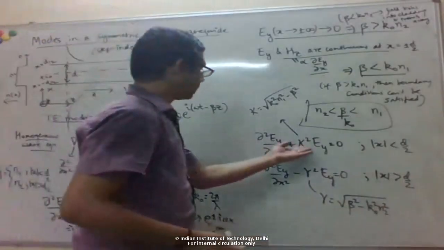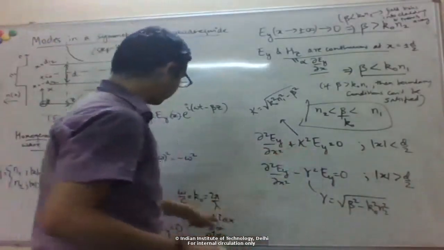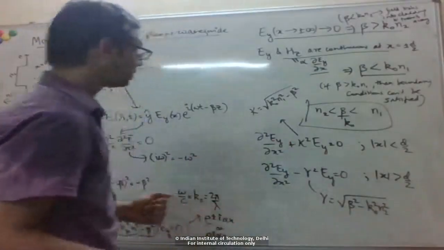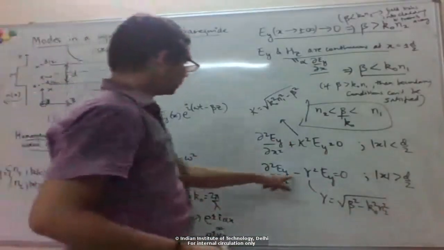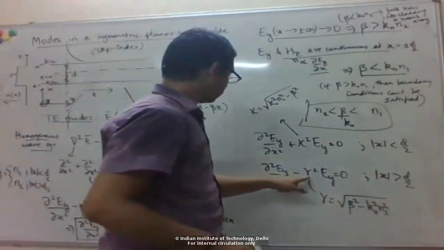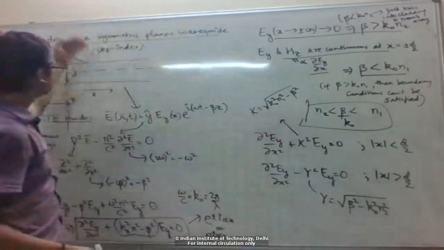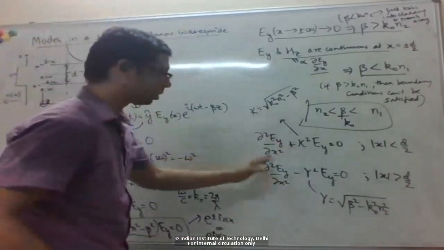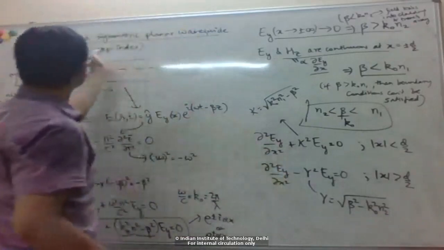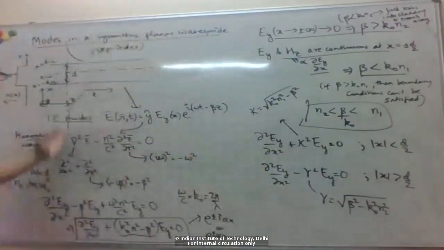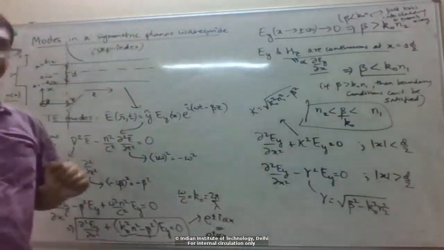And immediately we know these solutions are like e to the plus minus i kappa x, or sine kx, cos kx, while here it's e to the minus gamma x for positive x and e to the plus gamma x for negative x, so that the field decays to 0.